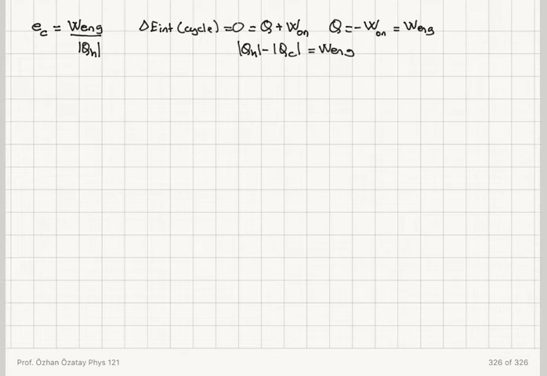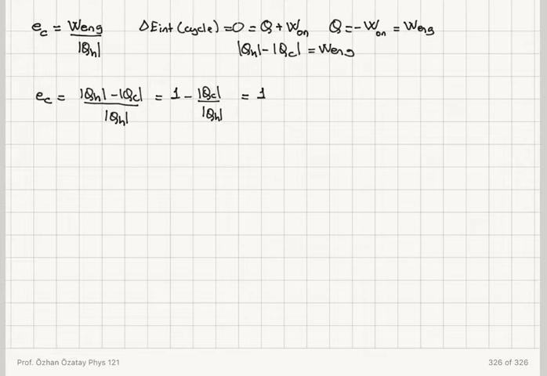If I use this relationship, the efficiency of the Carnot cycle is QH minus QC divided by QH, and this will be equal to 1 minus QC over QH, and we're going to show in a moment that this is actually equal to 1 minus Tc over Th.